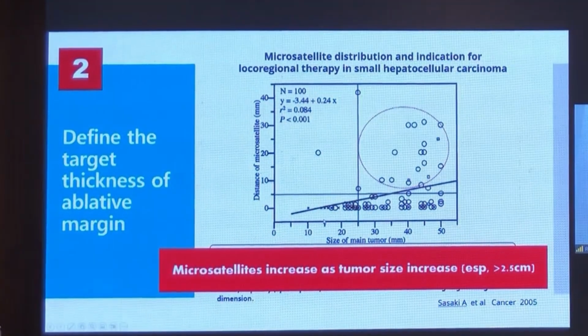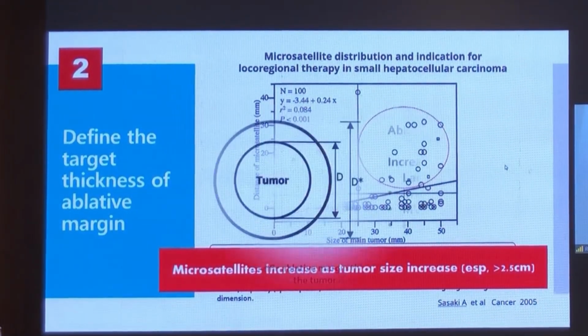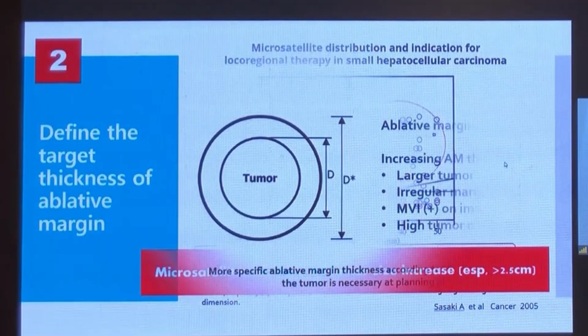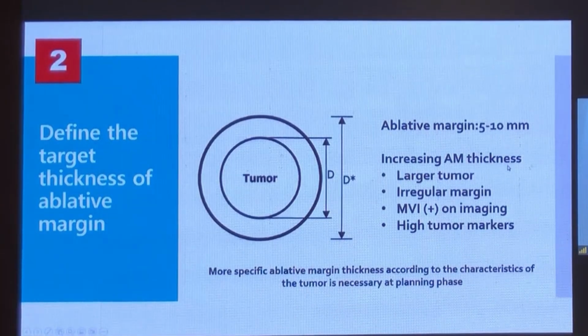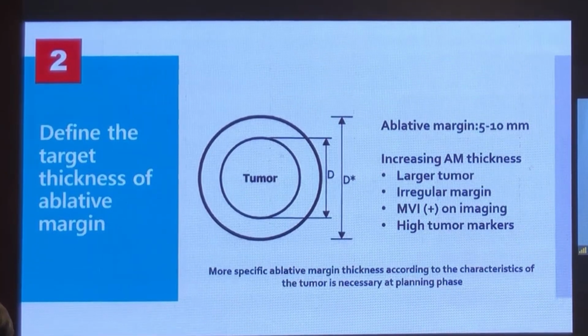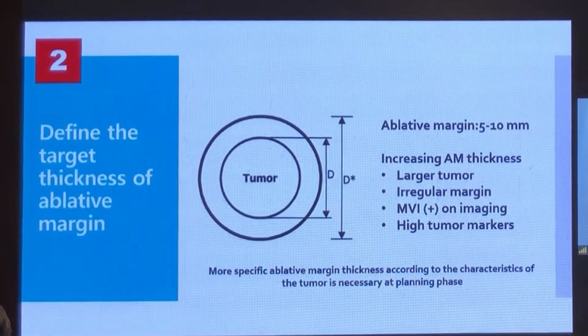If the tumor size is less than 1 centimeter, I think a 2 to 3 millimeter ablative margin is quite enough based on this pathology study. Traditionally, ablative margin of 5 to 10 millimeter is recommended, just borrowing the surgical resection concept. But at the moment, there is not enough evidence supporting this.